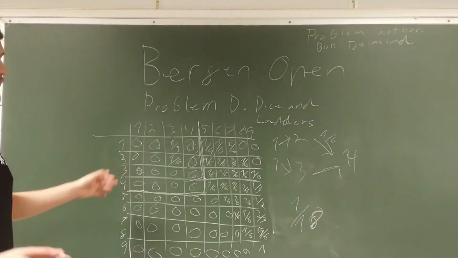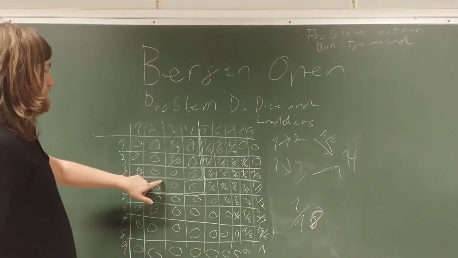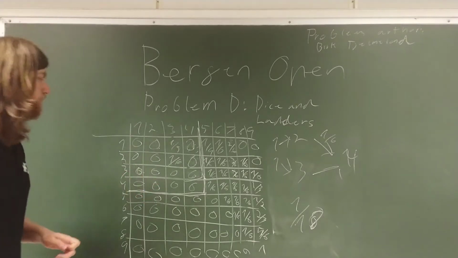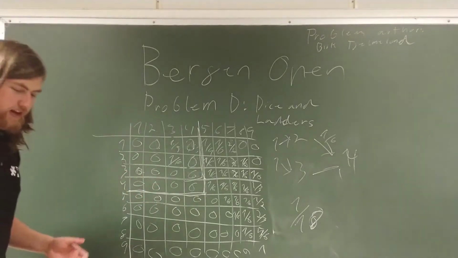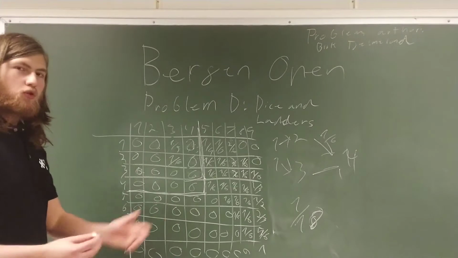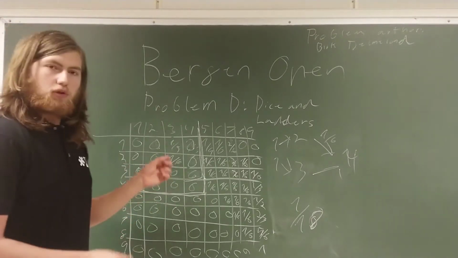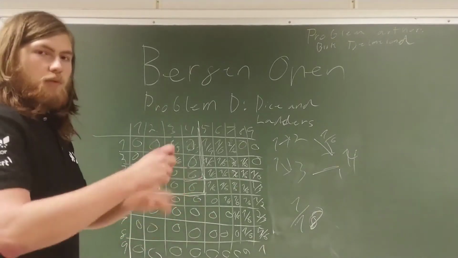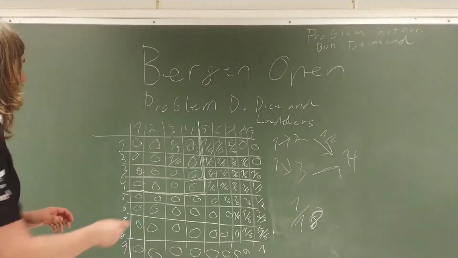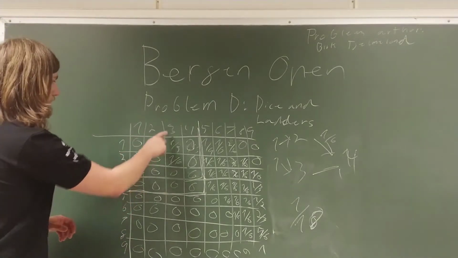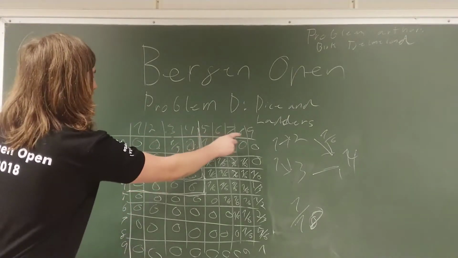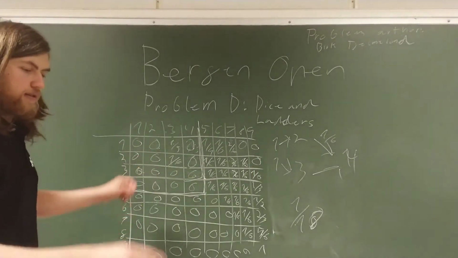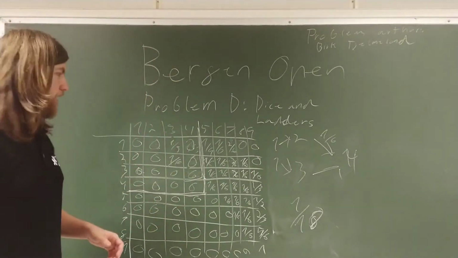But if we want to do it with 2 dice rolls, we simply do a matrix multiplication, because matrix multiplication can intuitively be viewed as trying all possible intermediate values and summing them up. So we try going via 2, via 3, via 4, via 5, via 6, via 7, via 8, and we multiply the two probabilities and sum all of them together.